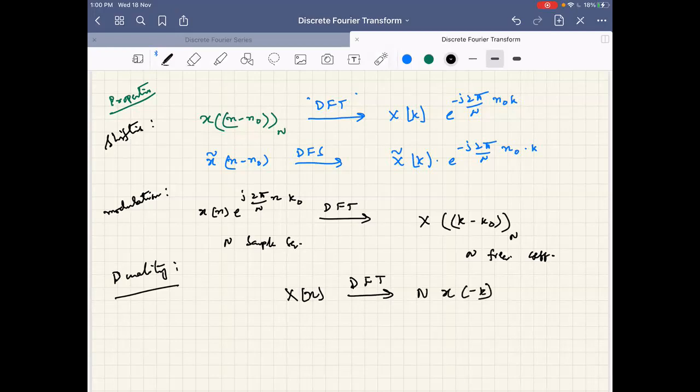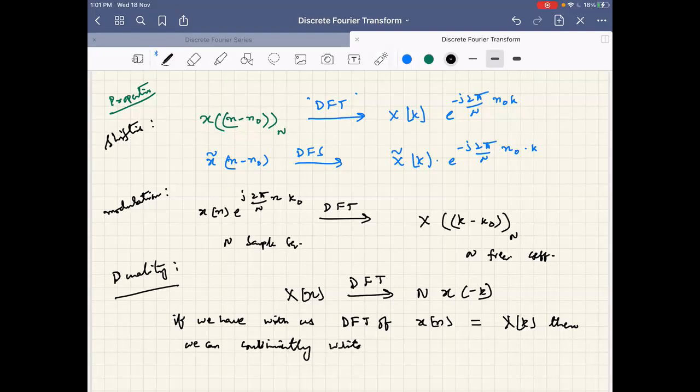So that means if we have with us DFT of x of n equal to X of k, then we can conveniently write the inverse discrete Fourier transform using duality property.